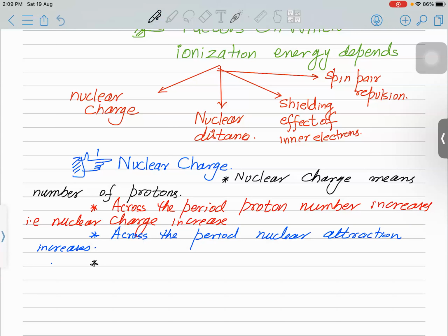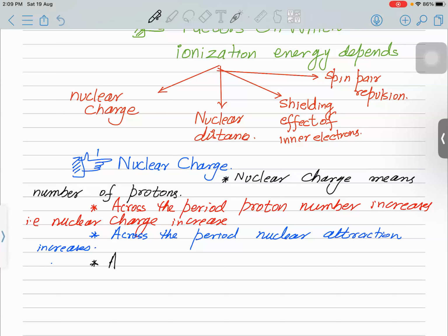Period means the horizontal line, so as you move across the period, the number of shells remains the same, because the period indicates the number of shells.